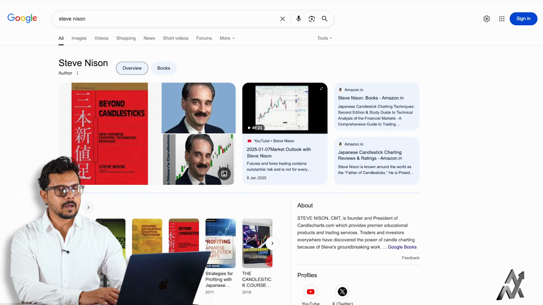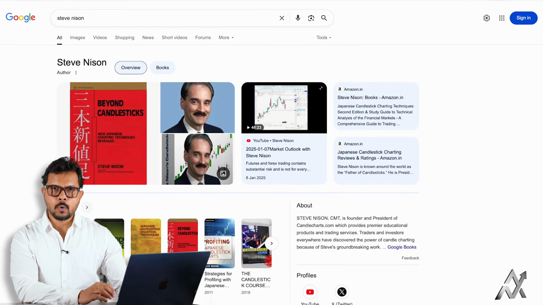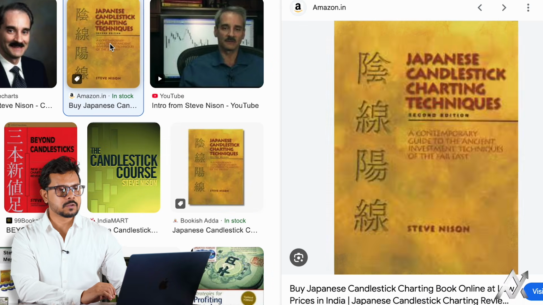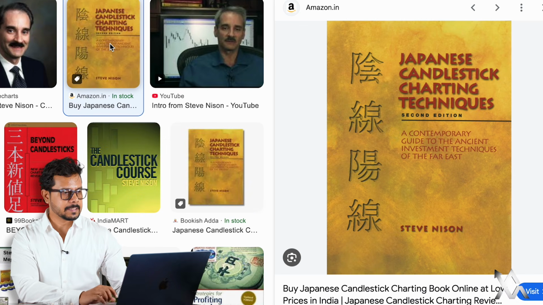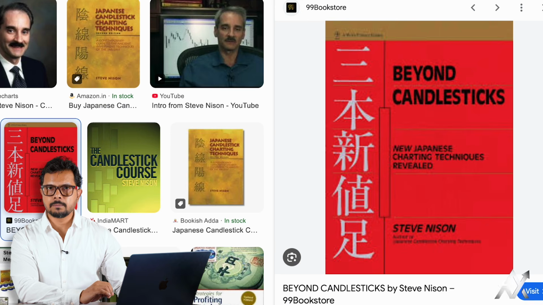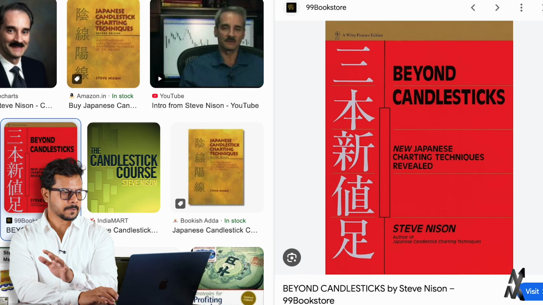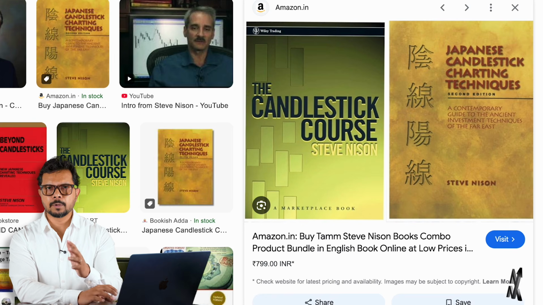Steve Nison is someone you cannot miss when it comes to candlestick charts. You have to read Steve Nison's work. His first book is this one, Japanese Candlestick Charting Techniques. The next one is Beyond Candlesticks. A definite read, both these books. I think he has written a few more, like Candlestick Course, and maybe a couple here and there.